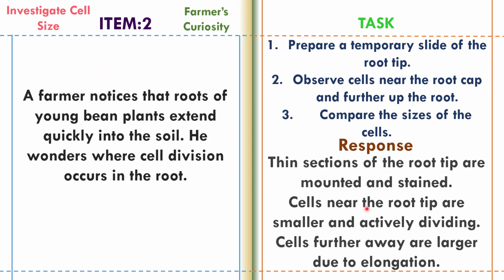The cells near the root tip are smaller and actively dividing, whereas the cells further away are larger due to elongation.